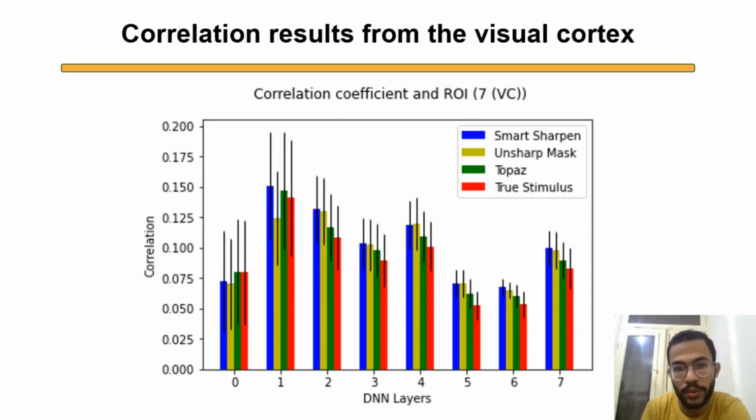Here are the results of the coefficients of the region of interest. We have here in the slide the visual cortex as a whole. We use the three methods here in front of us: the smart sharpening method by Photoshop, the unsharp mask method used by Photoshop sharpening, and the two-pass method used also.